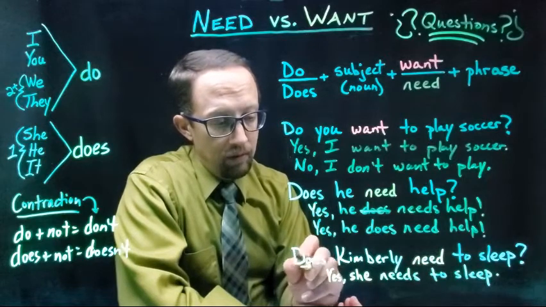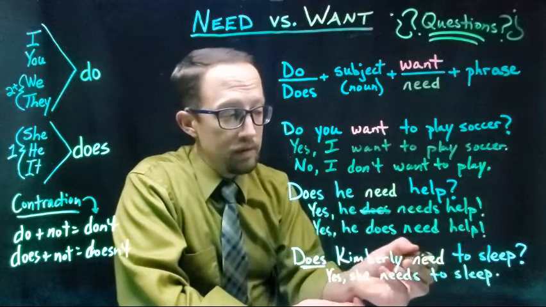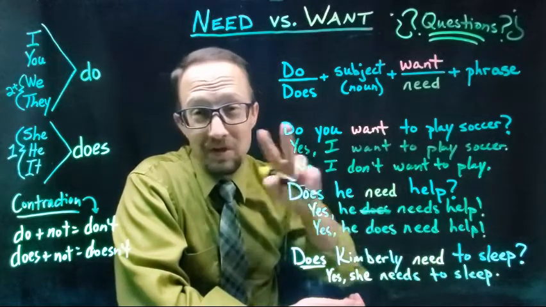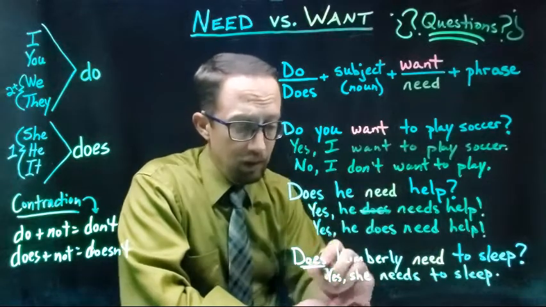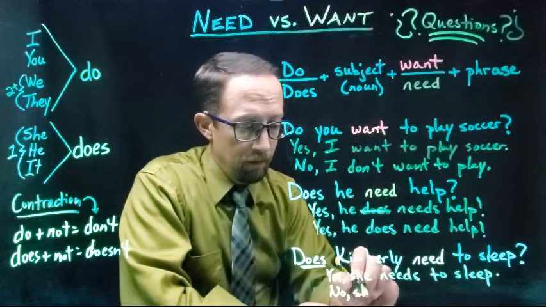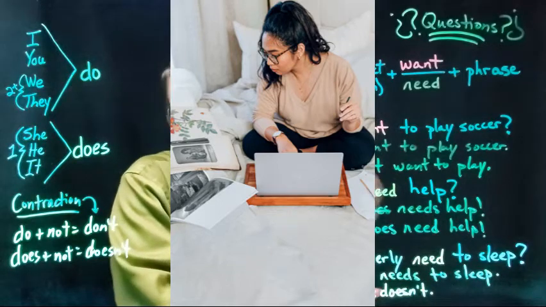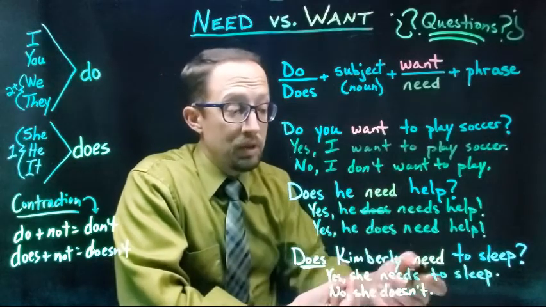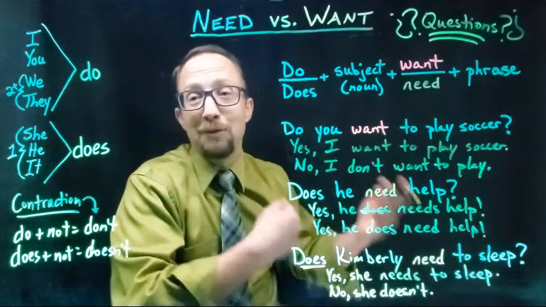Because here you have does, and after do or does, you do not use an S on this second verb. Okay? You can also say something like no. She doesn't. You can say no, she doesn't. No, she doesn't need to sleep. However you want to do it.